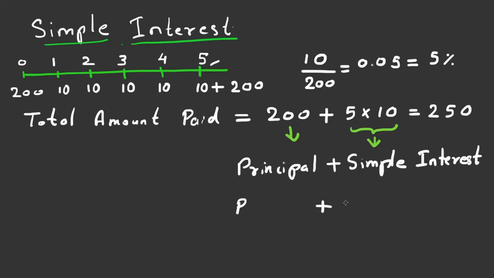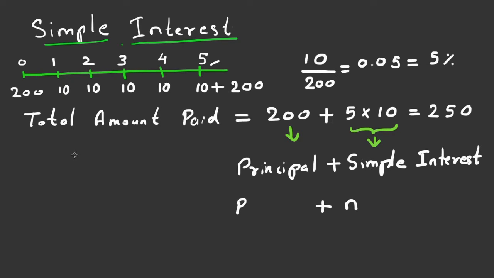So I can write it as n. It is the number of periods. And what is 10? 10 is the interest accrued at the end of each period. It is the same here and uniform in the case of simple interest. So, what is that amount?